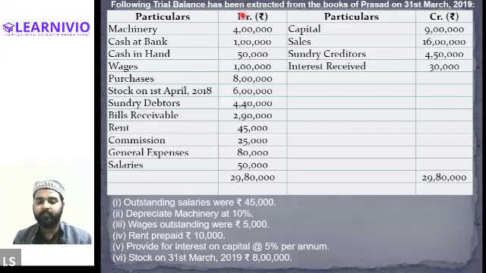So we will add outstanding salary to the salary, 50,000 plus 45,000, and the entire amount of 95,000 should be debited to the profit and loss account, right? And again, the outstanding salary should be shown in the balance sheet on the liability side by the name of outstanding salary 45,000. Tell me, Alexander, Hamad, and Halima, is it clear?